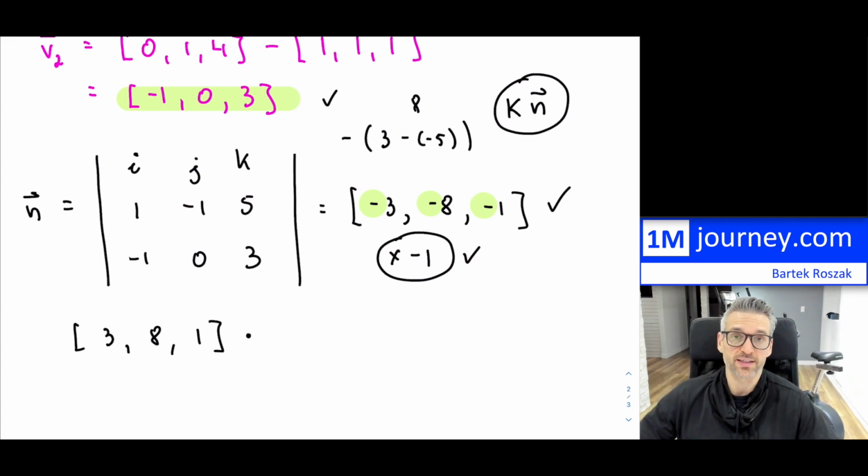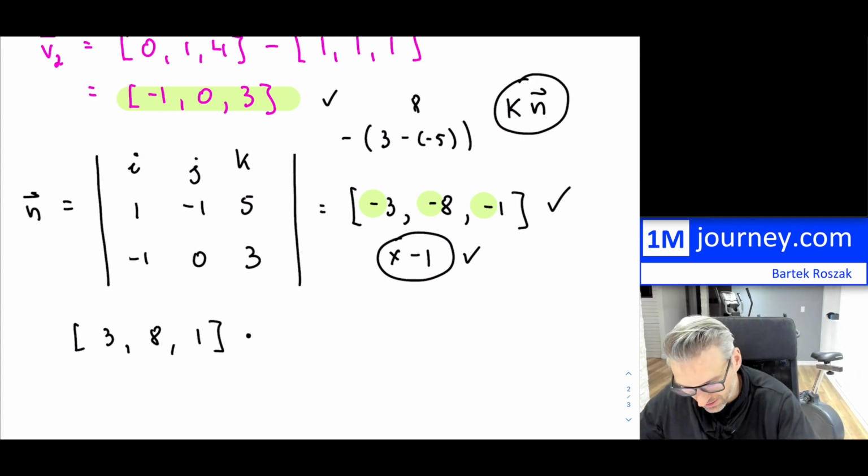All you want is a scaled version that's convenient for you. What you choose is up to you, unless your teachers have some strict rules, that they want the leading coefficient of the normal to be positive, so that could indeed be the case. But you can multiply it by anything you like.